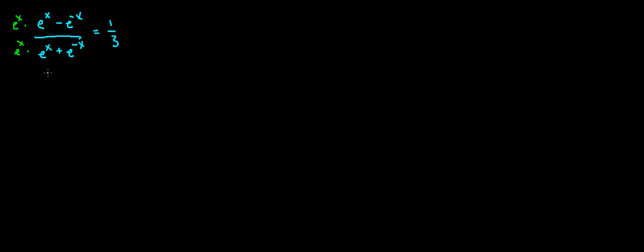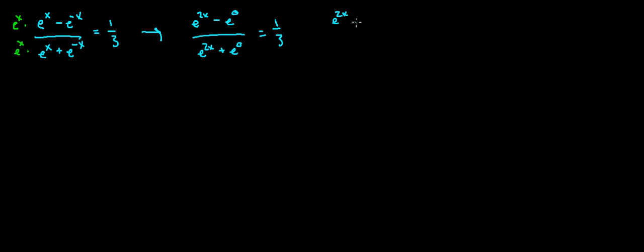So if I do this, I'm going to get e to the 2x minus e to the 0 over e to the 2x plus e to the 0 is equal to 1/3. And e to the 0 is 1.